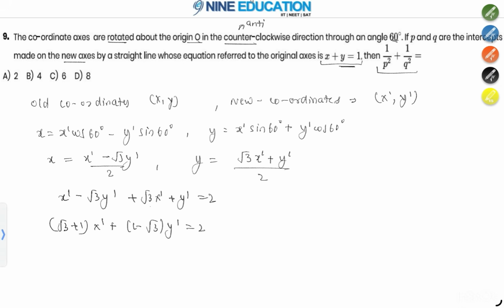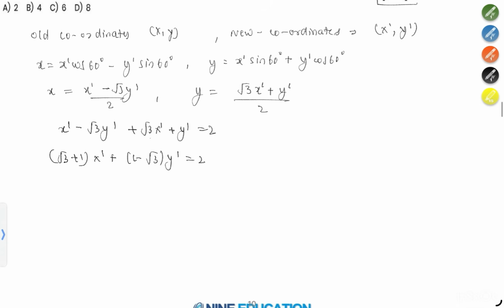Now, as we know, the intercept form of a line is x by a plus y by b equal to 1. So with respect to this, we can say the value of p is going to be 2 by root 3 plus 1 and the value of q is going to be 2 by 1 minus root 3.